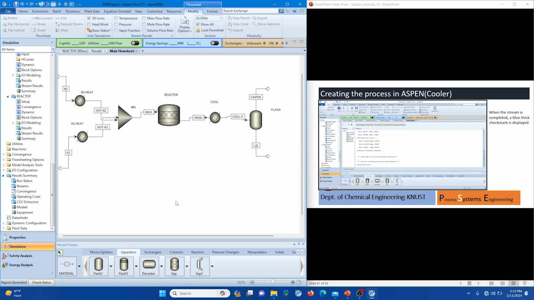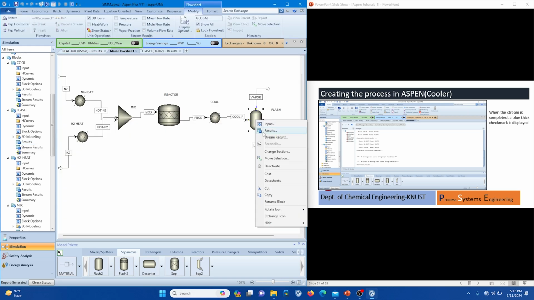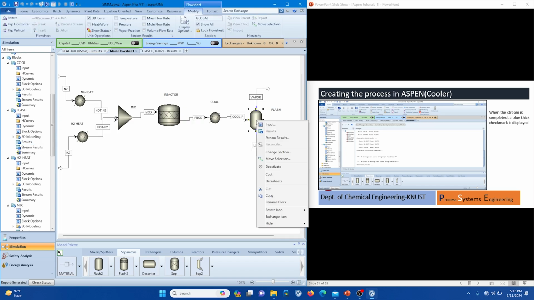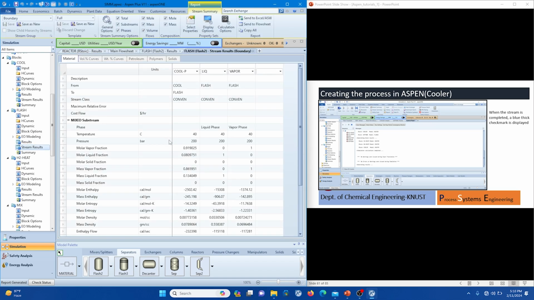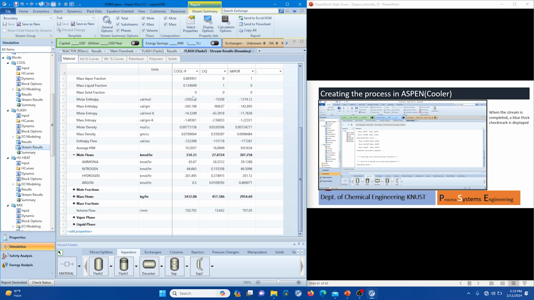You can find the flow sheet. You can see similarly for the flash. Here you'll be interested in the separation results.